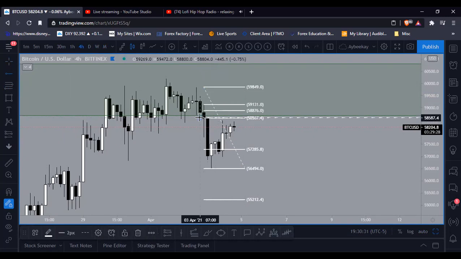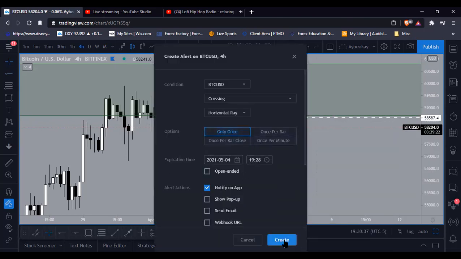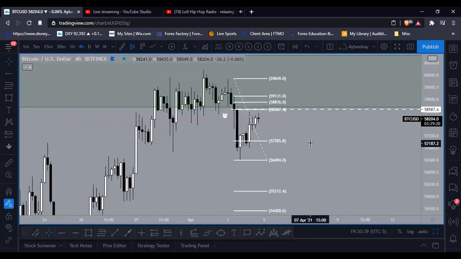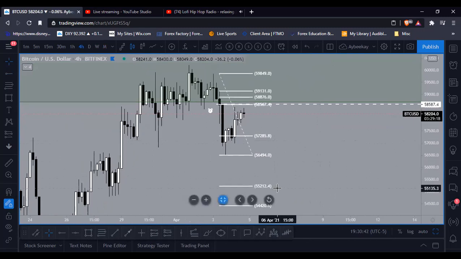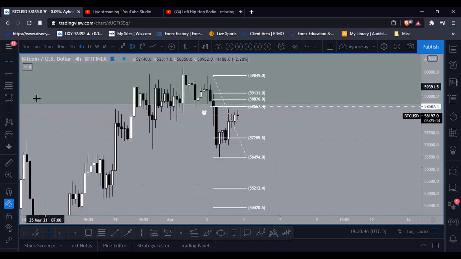I'd even take it right here, probably at the 61.8, because this matches up more with arbitrage. Add an alert, only one to create, and probably take it down to like 55,200 or something like that, if I can get that pricing, right?